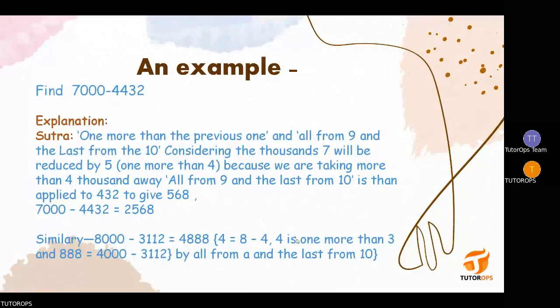Explanation of the method: one more than the previous one, and all from 9 and the last from 10. The first digit 7 will be reduced by 5, that is 1 more than 4, because we are taking more than 4000, so it is a multiple of the base.